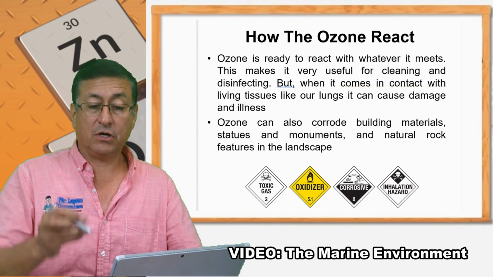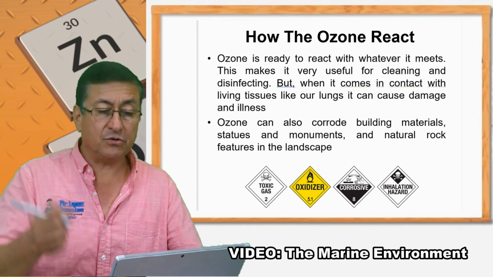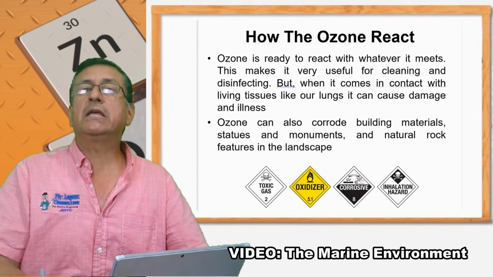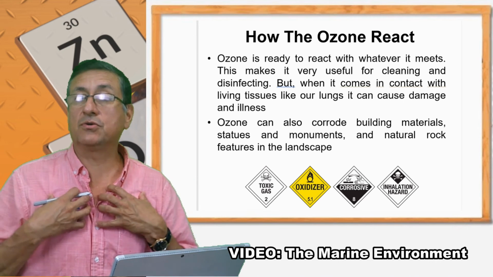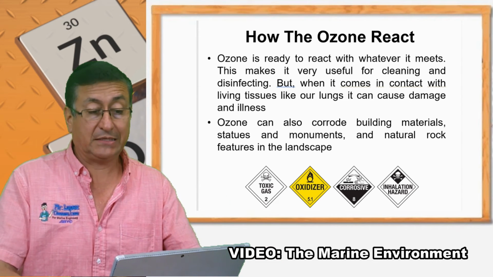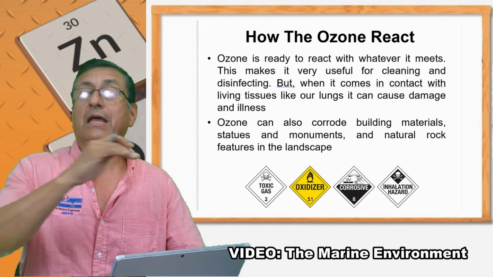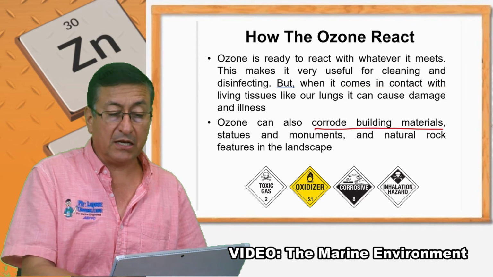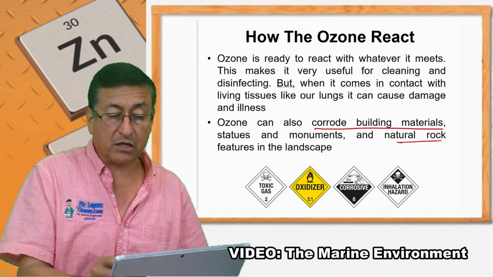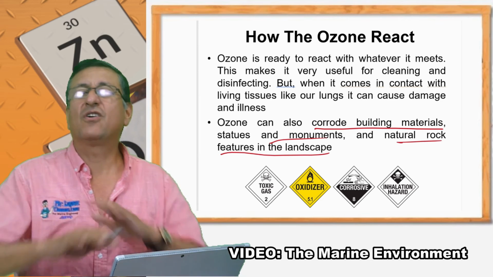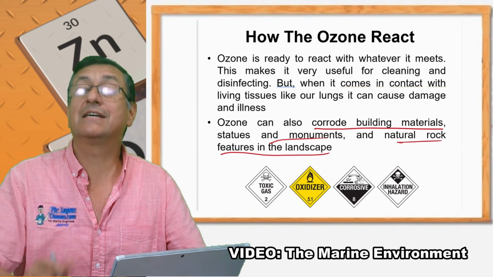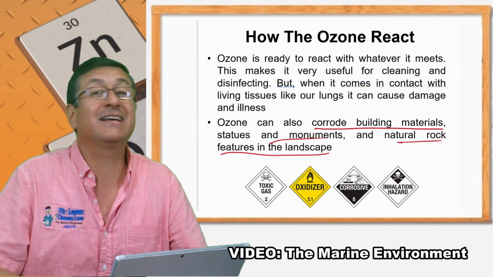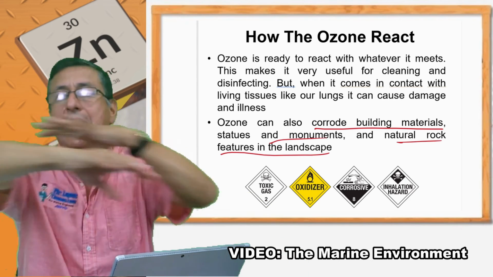It is good for cleaning purposes, for disinfection, but it's not good if you breathe the ozone because it damages your lungs. That's catastrophic. Also, the ozone close to the surface of the Earth corrodes building materials, monuments, natural rocks, everything. It's highly corrosive. It is a detergent, cleans and attacks everything.